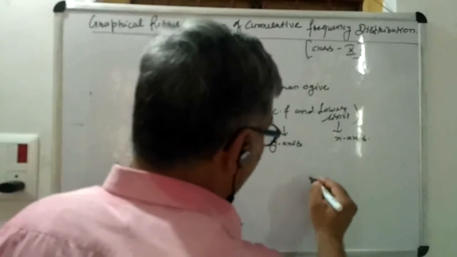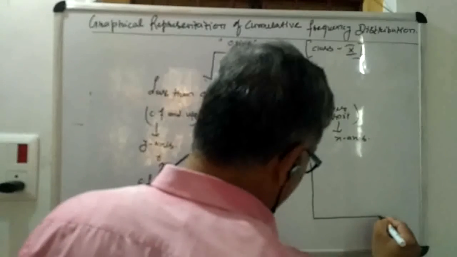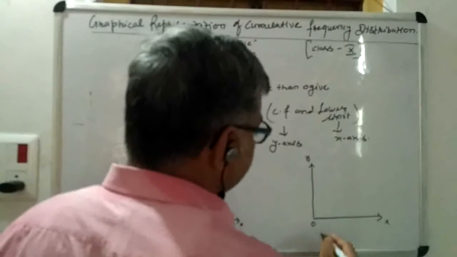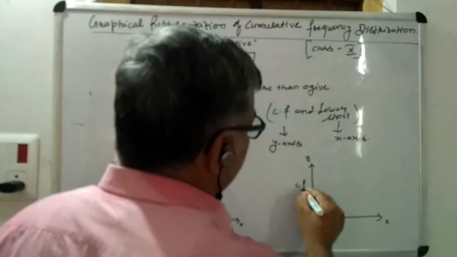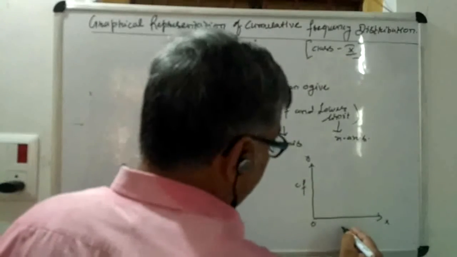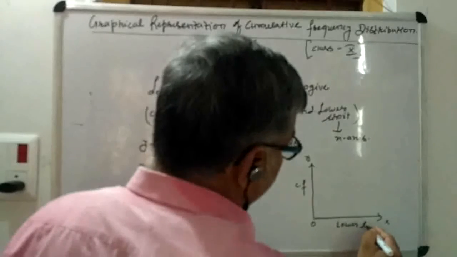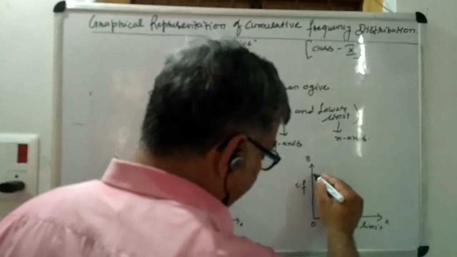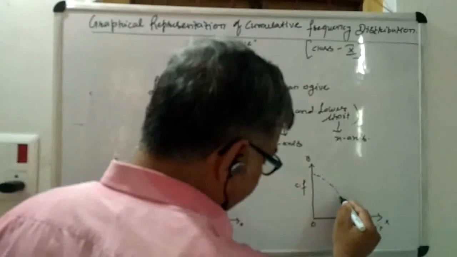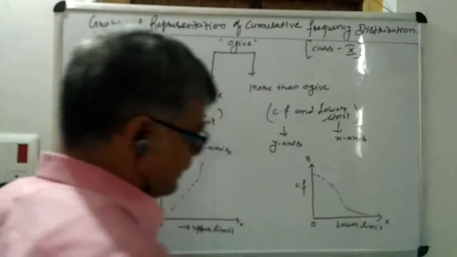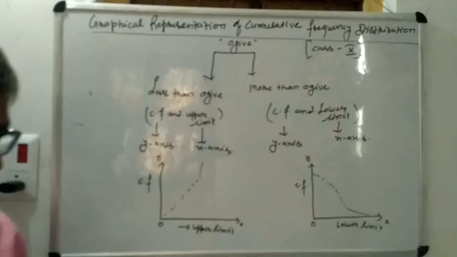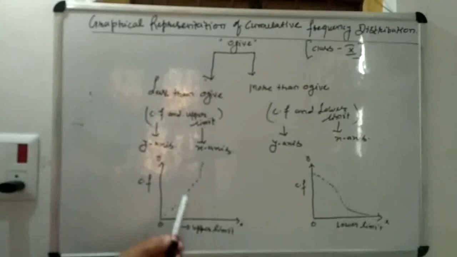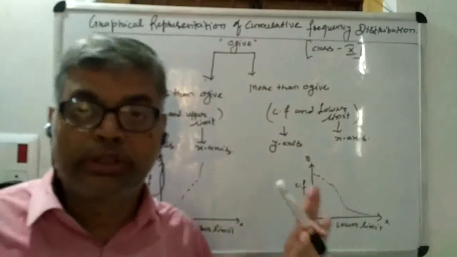In more than ogive, this is your x-axis, this is your y-axis. On the y-axis you write cumulative frequency, and here you write the lower limit, and your graph will be like this. These are the shapes of ogive when we draw less than ogive or more than ogive.